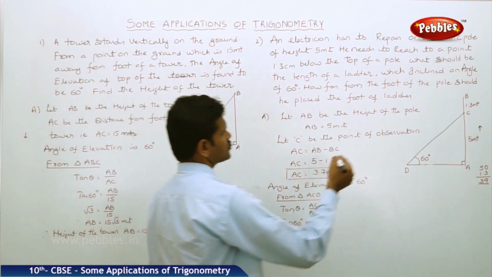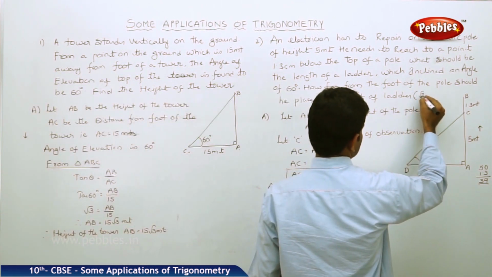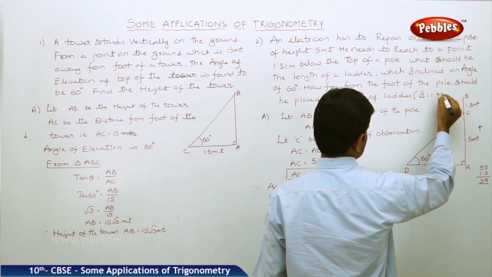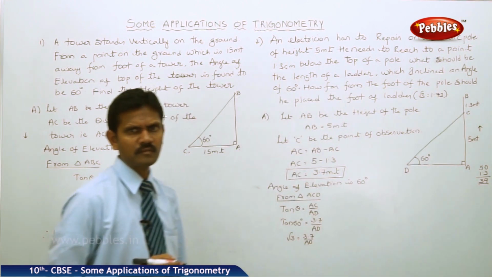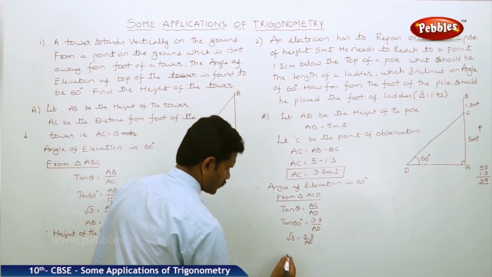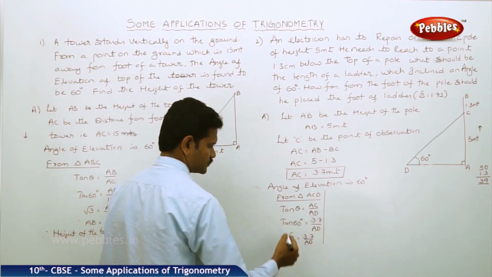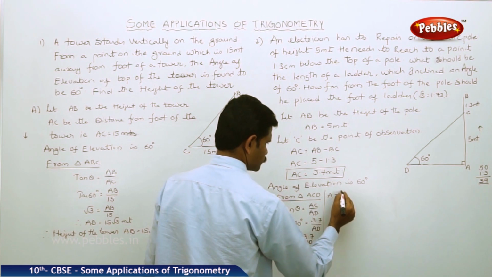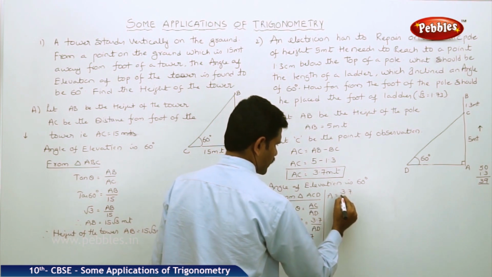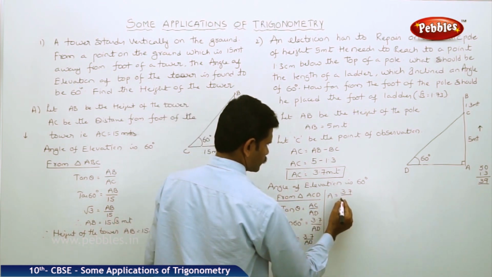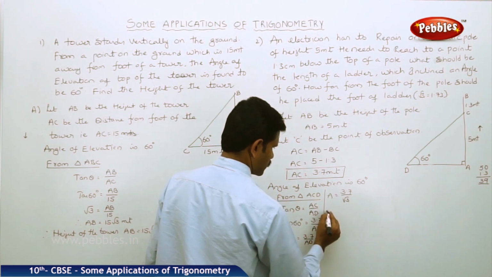Now here in the question, root 3 is equal to 1.73. That is the root 3 value we have to use. That is AD is equal to 3.7 by root 3.